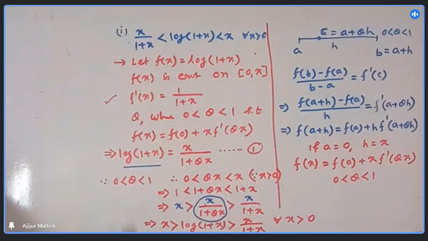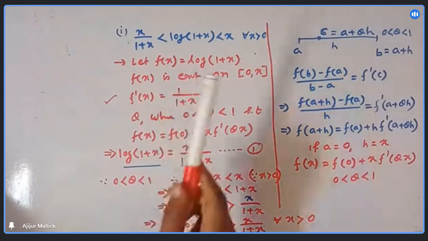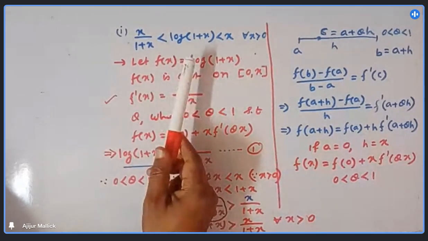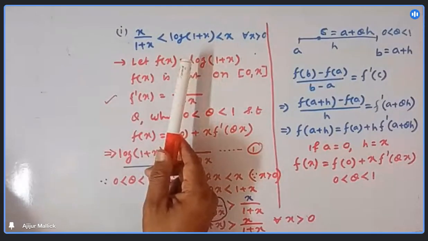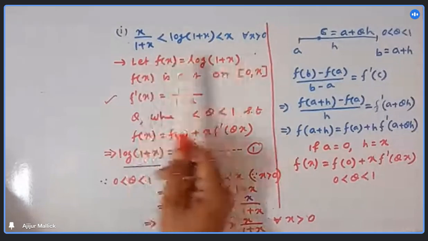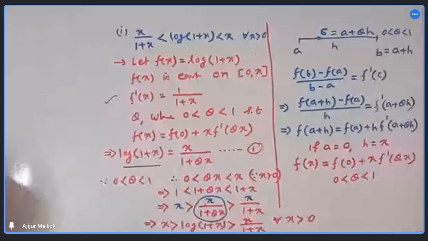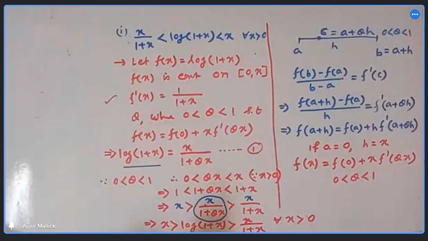Otherwise, there are two or three processes you can do. I have done this type of problem in semester one also, and at that time I used the property of increasing and decreasing functions. But in this semester, they will mention it.